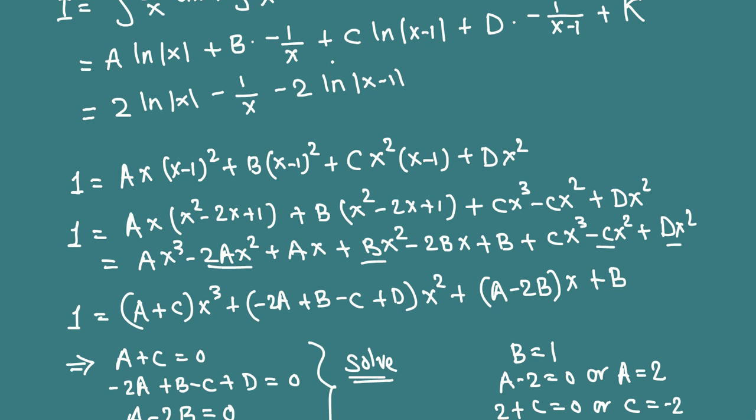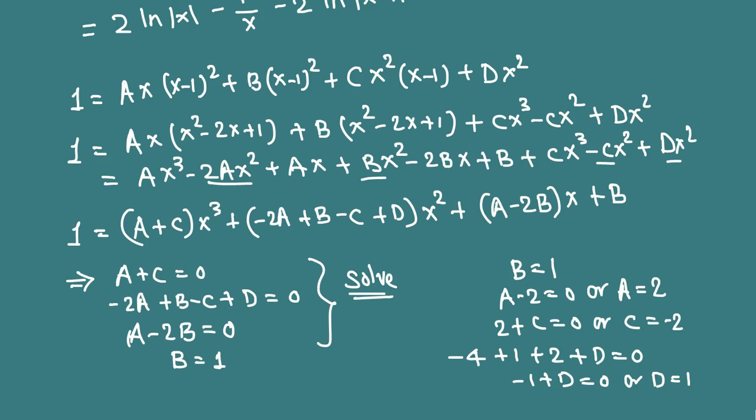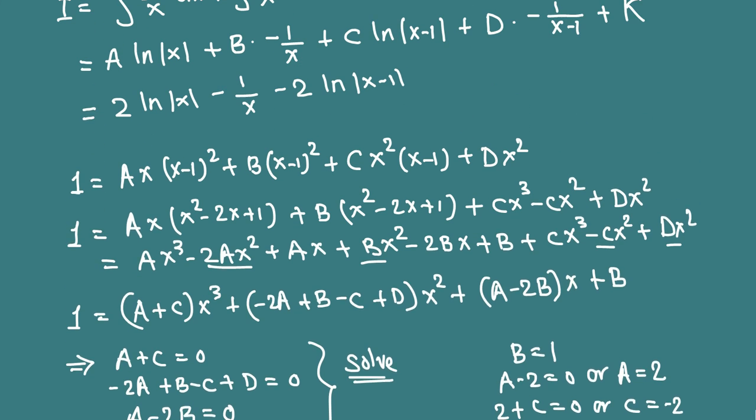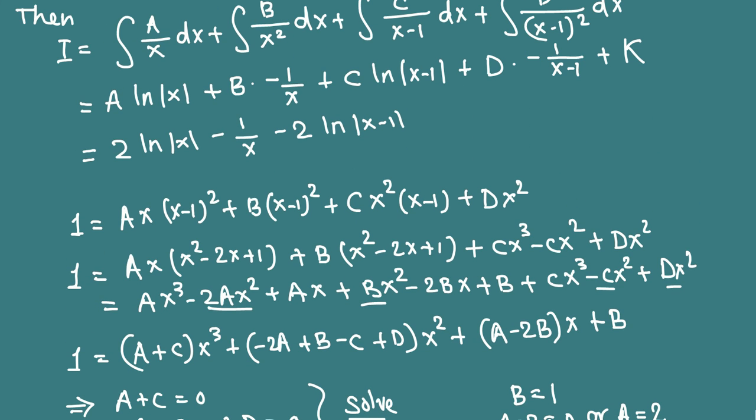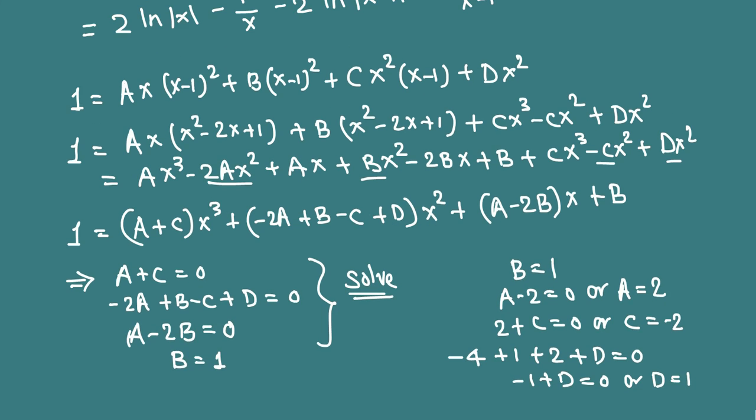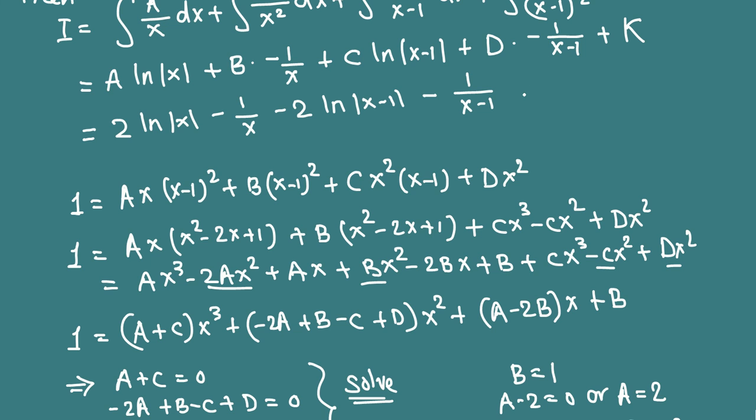And how about d? d was found to be 1, so positive 1 over x minus 1, no effect. Plus k, and this is the final answer.